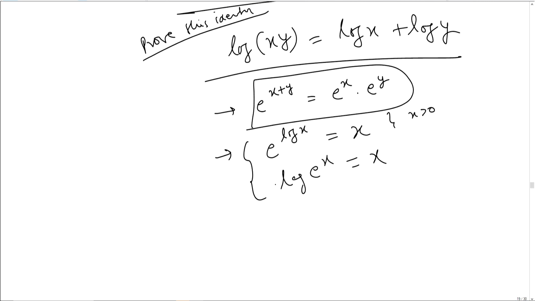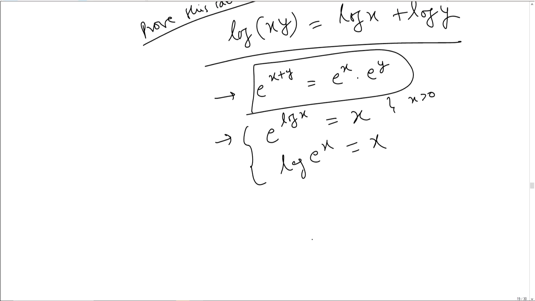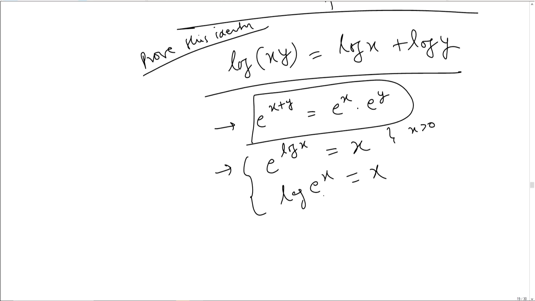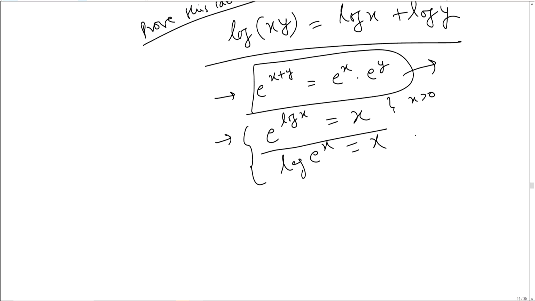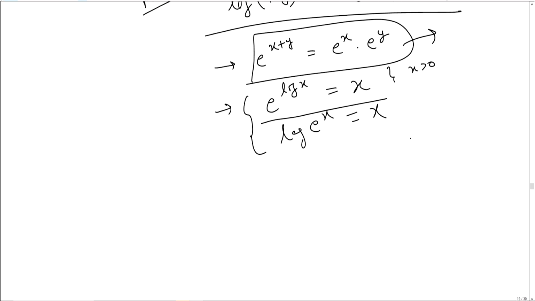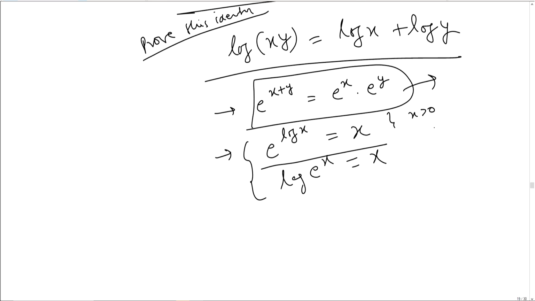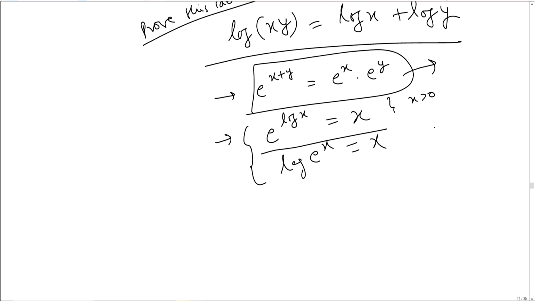Okay. So, let us try to prove this logarithmic identity using this rule of exponents and using this idea that exponent of log or log of exponent is x, basically the inverse function idea. Okay. So, let us see.